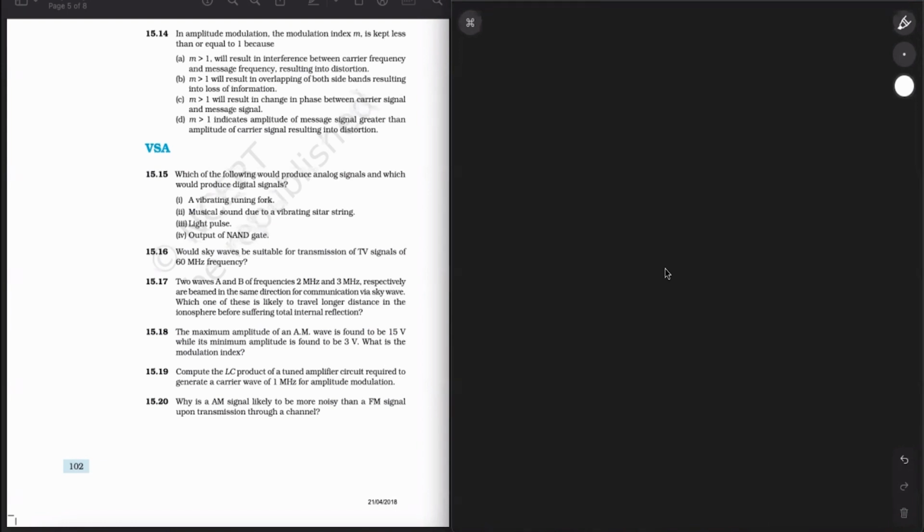There is a maximum frequency of electromagnetic wave that is called the critical frequency. If your frequency exceeds this critical frequency, the waves cannot reflect back. So sky waves will not be suitable for transmission of TV signal of 60 megahertz.